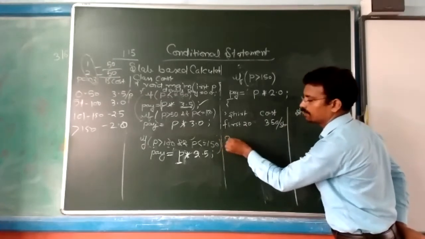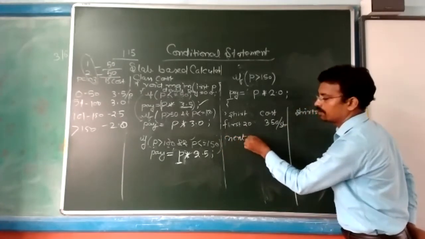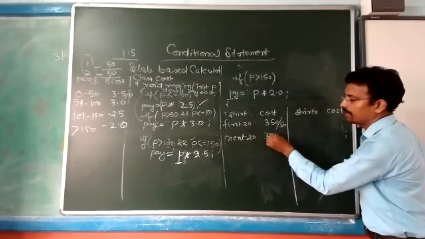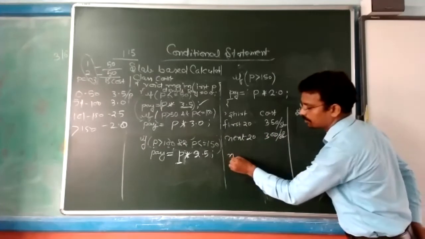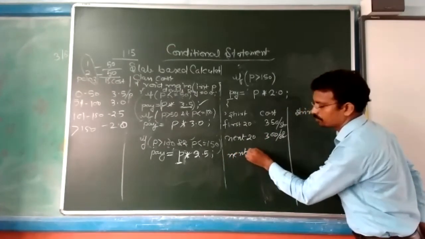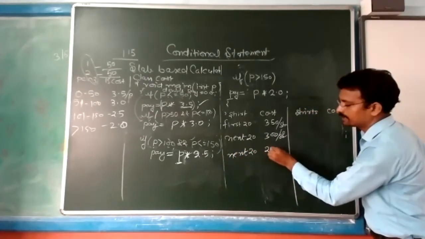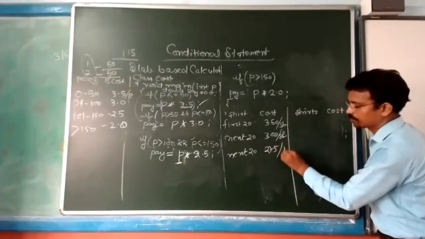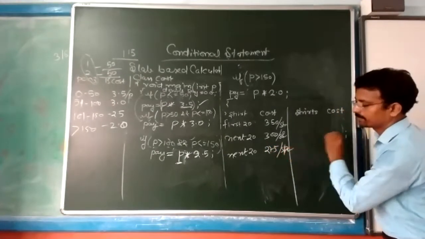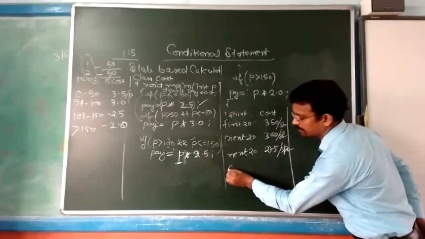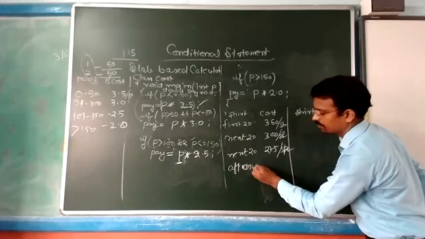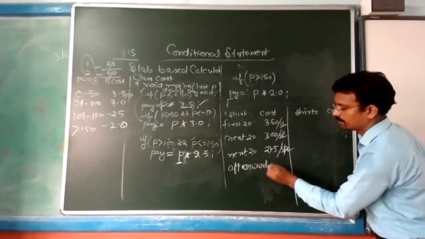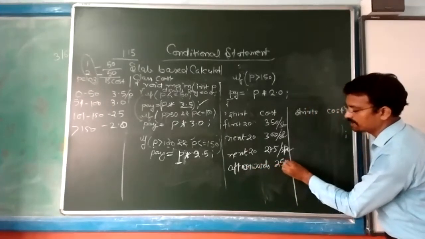Next 20, 300 rupees per shirt. Next 20, 275 rupees per shirt. And afterwards, 250 rupees per shirt.